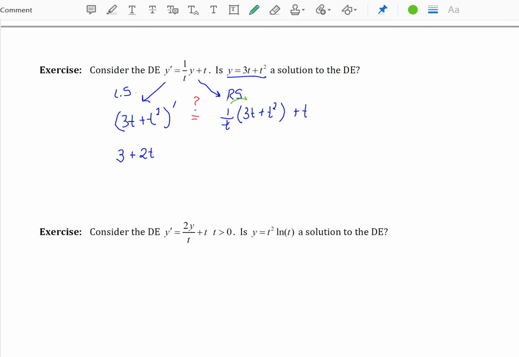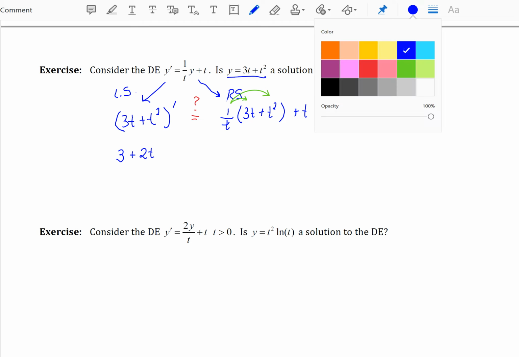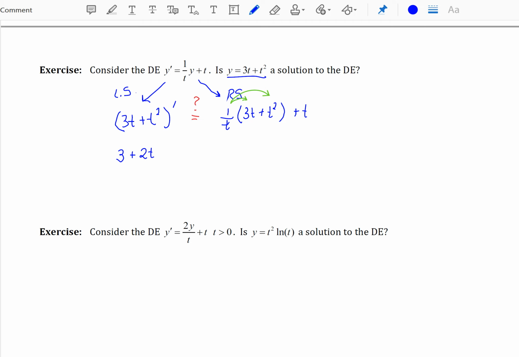Maybe distribute the 1 over t into the parentheses. 1 over t times 3t would be 3. 1 over t times t squared would be t. Plus t. Notice that if we simplify this, this will be 3 plus 2t.